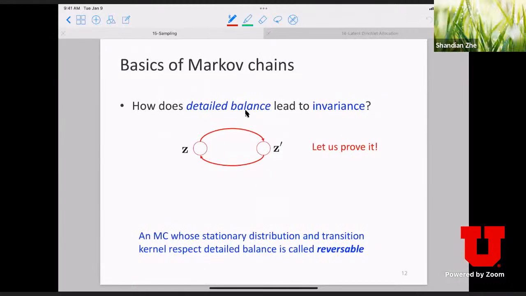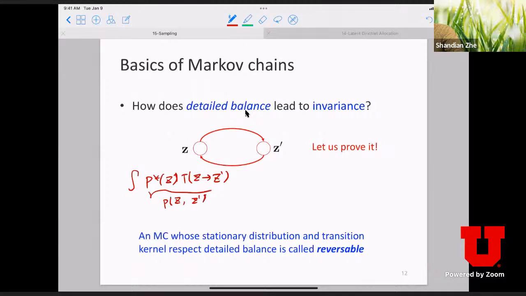So let us try to show why detailed balance can lead to invariance. Remember the definition of invariance: if you sample Z from your target posterior, then your conditional generates Z prime. This is actually the joint distribution of Z and Z prime.